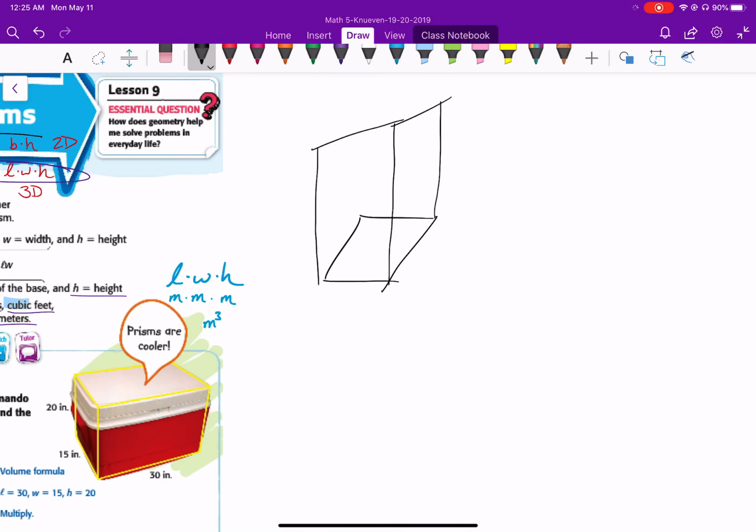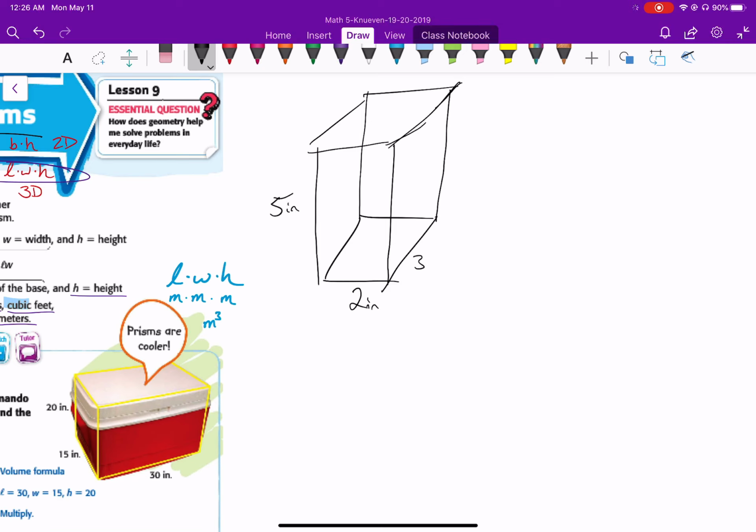Oh goodness, we can do better than that, right? That's slightly better. I'll do better the next time, right? Let's have this as 2 inches, and this is 3 inches, and then this is 5 inches, right?